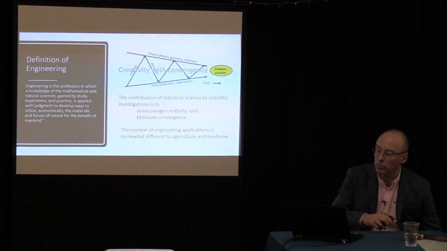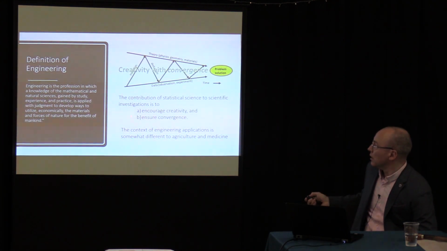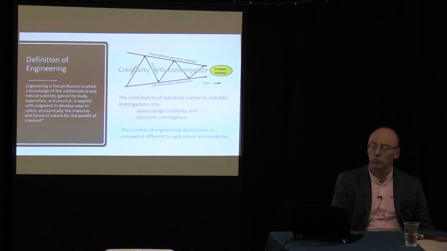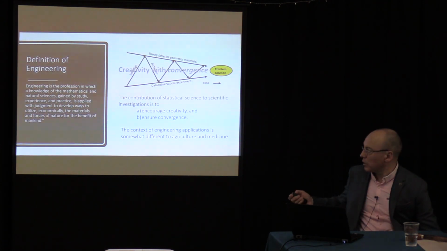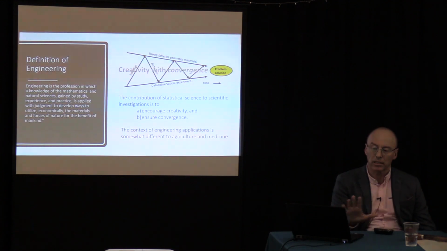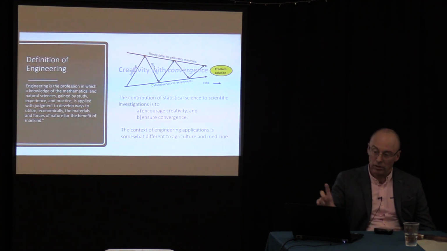So this led me to think about what role statistics should play in scientific investigations. We need to encourage creativity, but the challenge is if we let it go unchecked when we're trying to solve problems, it's highly likely that the activity of work will diverge.